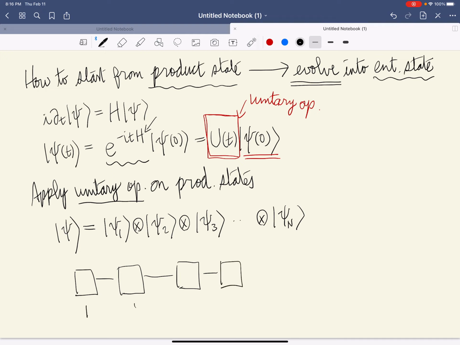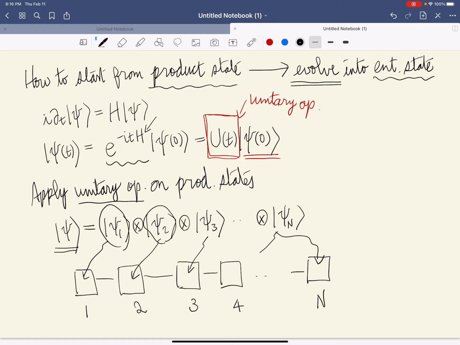So this is a qubit 1, this is a qubit 2, qubit 3, 4, etc., going all the way up to the qubit n. And each qubit is described by some sort of wave function, psi 1, psi 2, psi 3, and psi n. Okay, but the overall wave function is simply a product of the individual wave functions, which define the state on each qubit. So this is a product state.